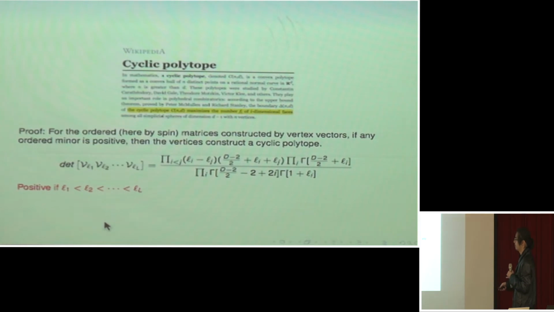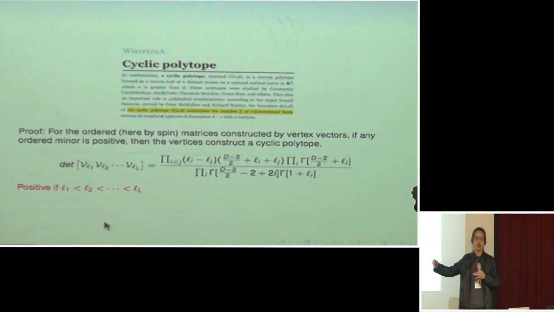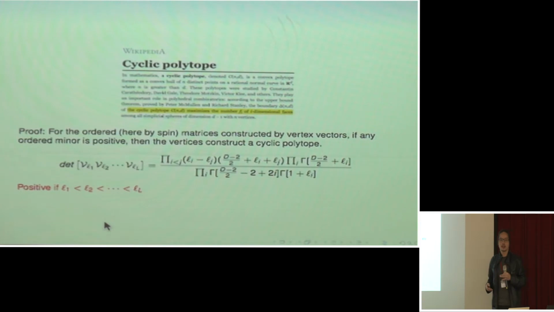So we've been able to prove that the Gegenbauer polynomials define vectors that define a polytope which is cyclic. So in other words, unitarity plus Lorentz invariance in a geometrized sense defines a polytope which maximizes the number of faces. So there is a geometric property associated with it.